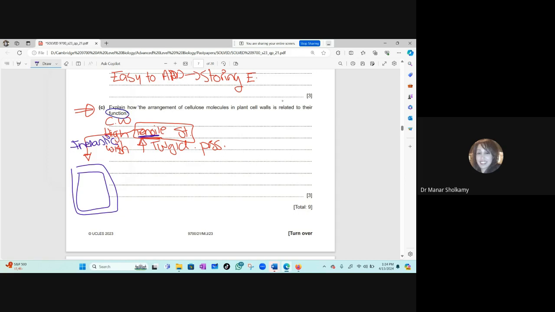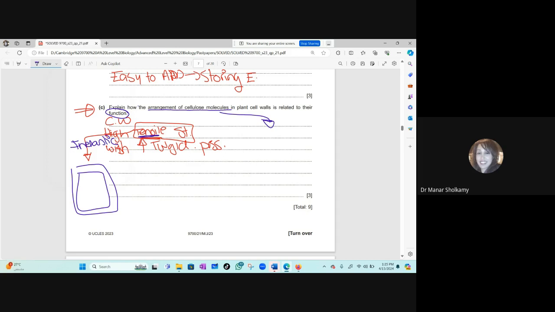Now explain how the arrangement of the cellulose molecules make it strong. What will you discuss here? It has many hydrogen bonds between each cellulose molecule. Yes, you will discuss the structure of the cellulose, everything. It is a polymer of beta glucose units, where every other beta glucose unit is inverted, and this inversion creates lots of what?